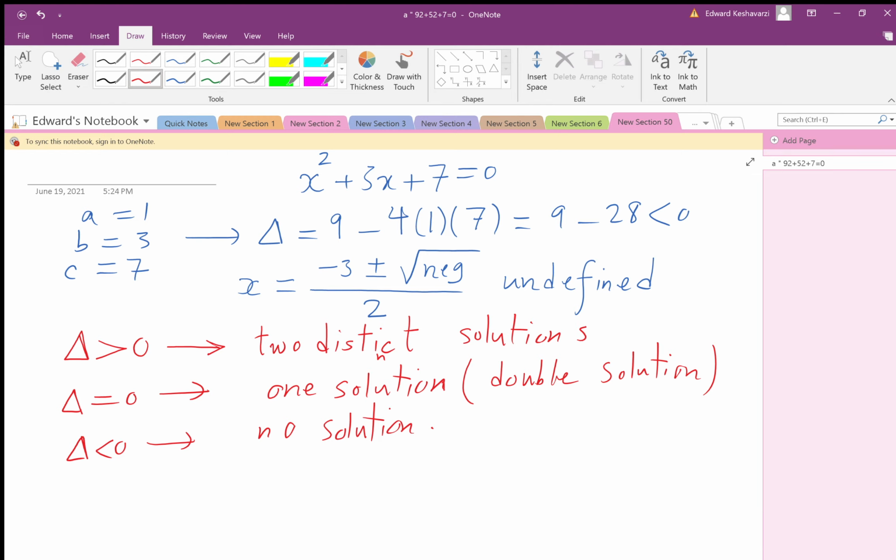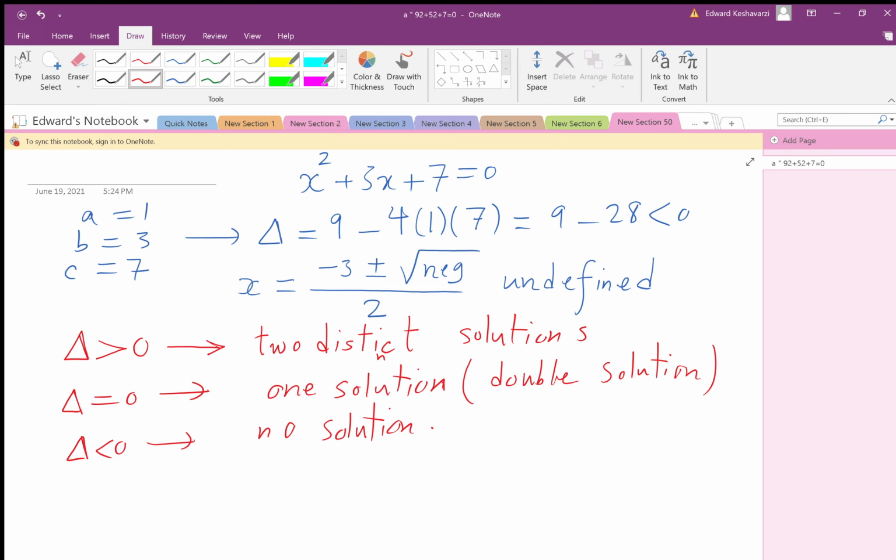Also, the delta formula tells us if we have one solution, two solutions, or no solution. So yeah, this short video is about delta, and try to memorize the delta formula because this is one of the most important formulas in high school. Therefore, you better memorize this formula.